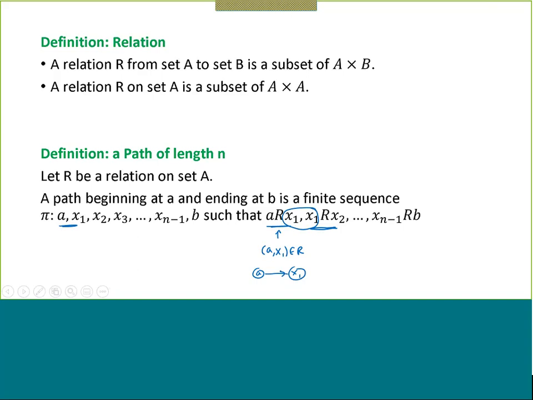But the actual path is a sequence just of the elements of your building set A. Now, that's the formal definition. Let me go ahead and throw in 3 more definitions, and then we'll jump into our example that we'll end on today.